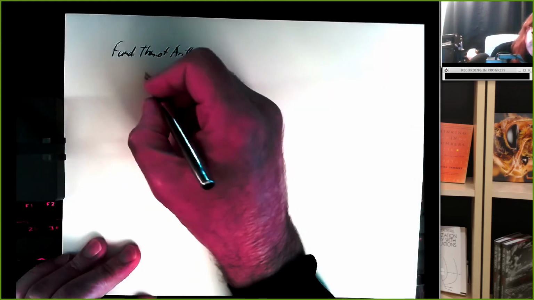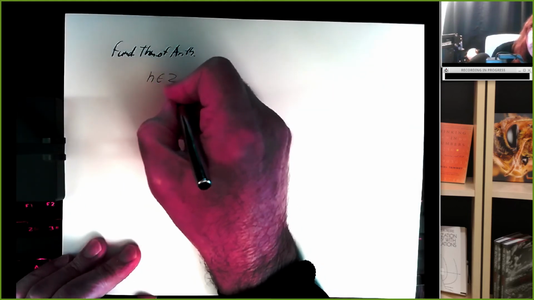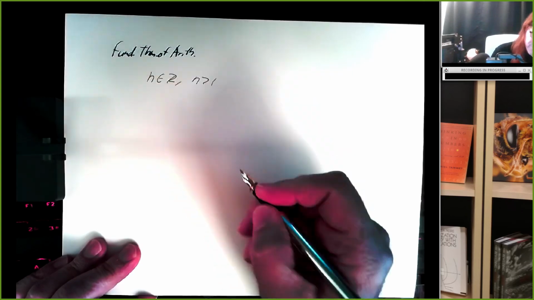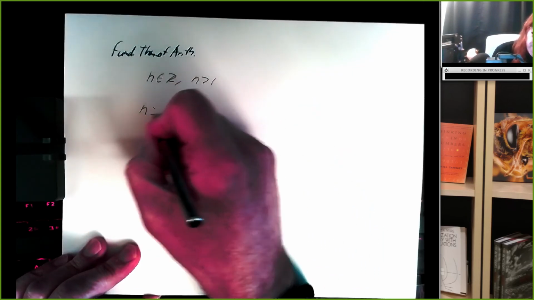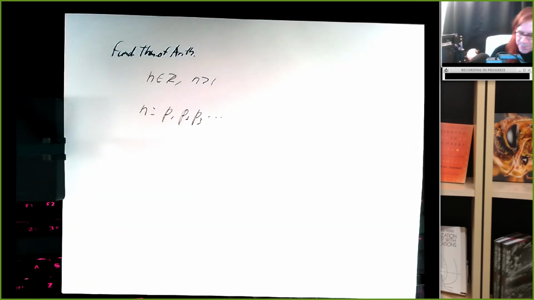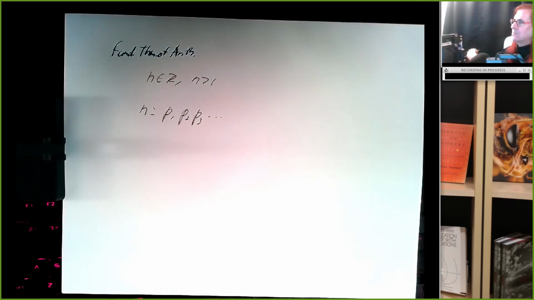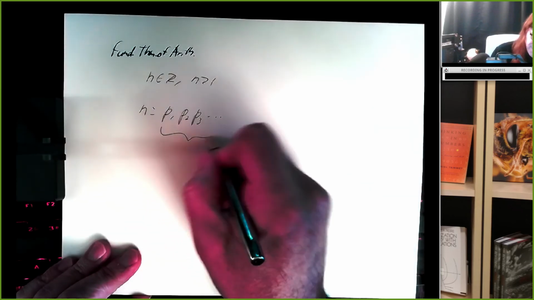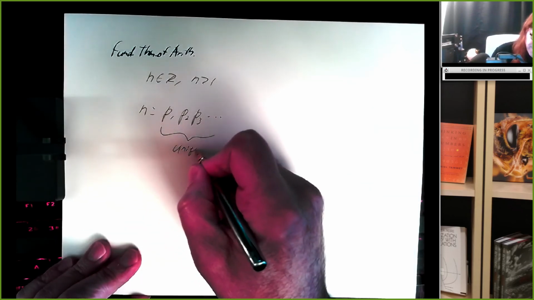So if you have some integer n, and it's bigger than 1, you can write n as a product of prime numbers. And more importantly, you can do this uniquely.